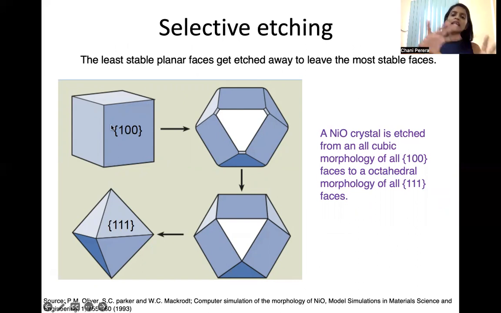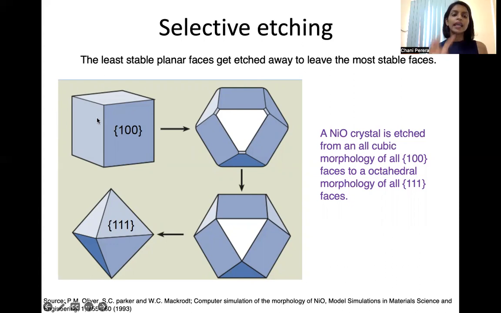It will be gradually etched when you put it in a certain chemical, and then finally it will come to its most stable form, which is an octahedral morphology with all 111 planes. So you can see they have these triangular 111 planes.